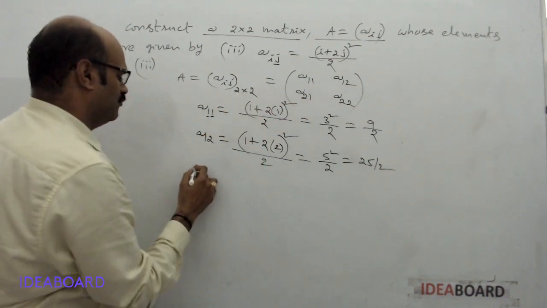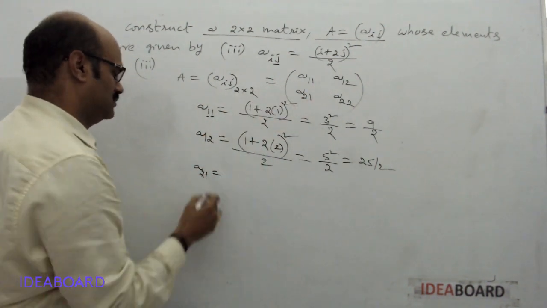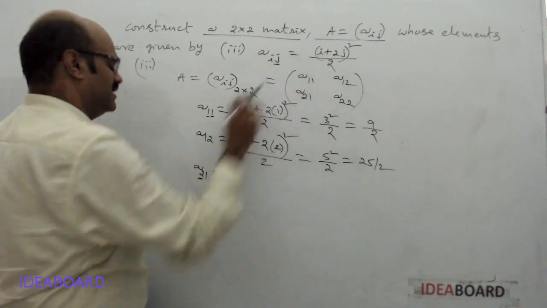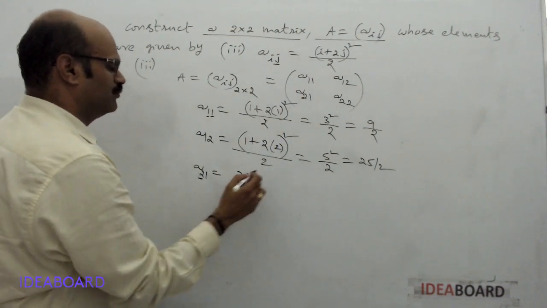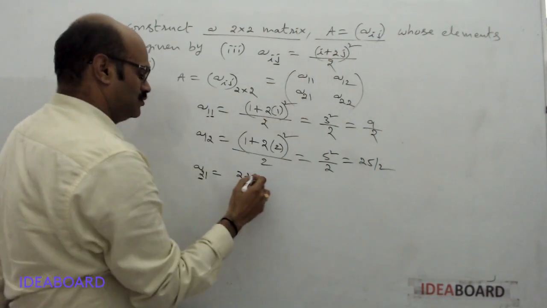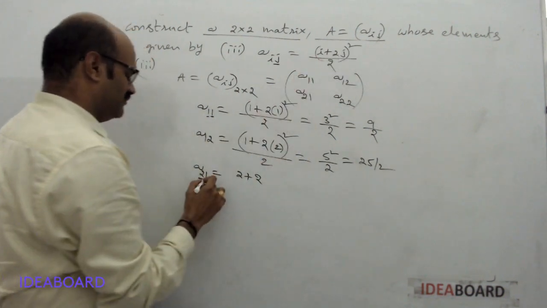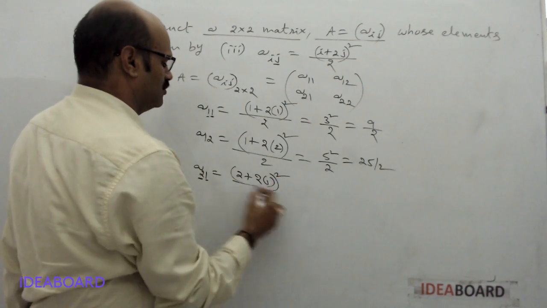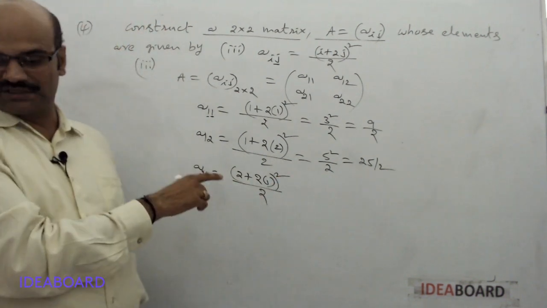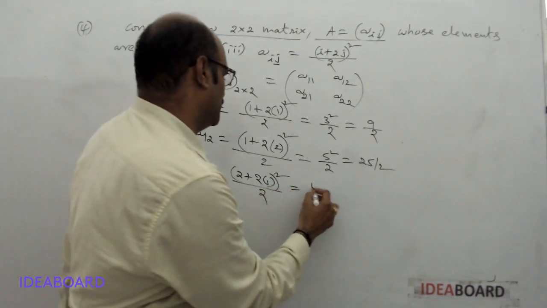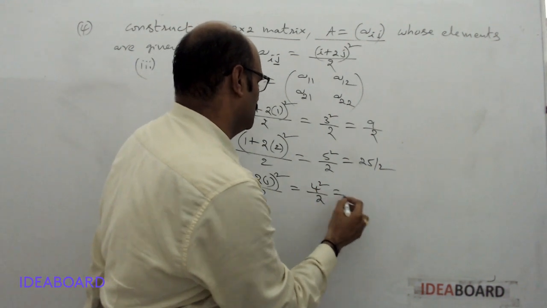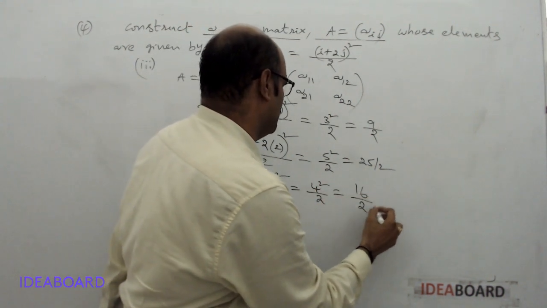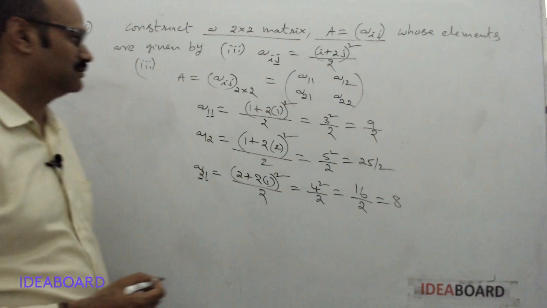Now A21 equal to i plus, i equal to 2 we are having, 2 plus 2 into j equal to, here we are having 1, so into 1 whole square by 2. So 2 plus 2 equal to 4, so 4 square by 2 equal to 16 by 2 equal to 8.